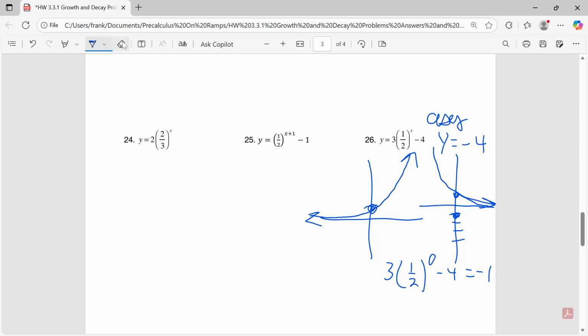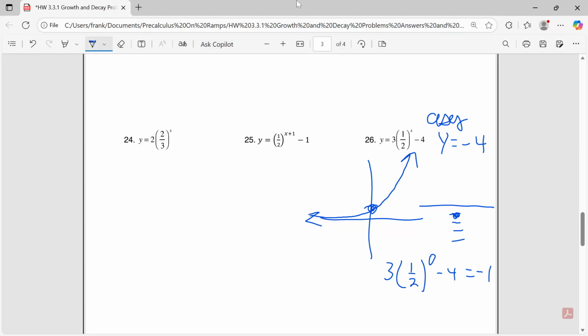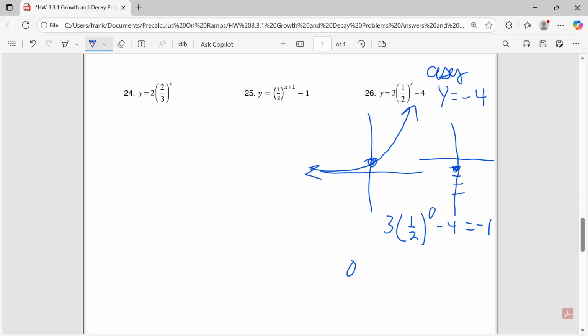Let me get rid of this other one, this decay, so it's not messing us up. So at 0, it's going to be -1. And then what about when y is 0? When y is 0, this is going to be 0 equals 3 times 1/2 to the x power minus 4. I'll add 4 to both sides, I'll divide by 3. 4/3 equals 1/2 to the x power.